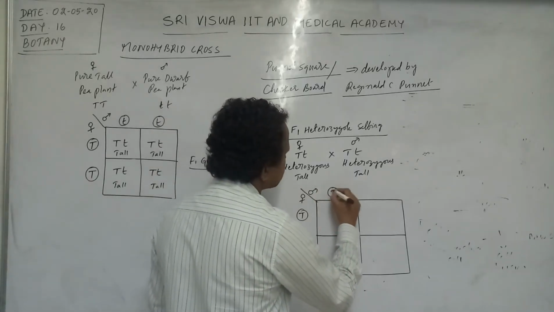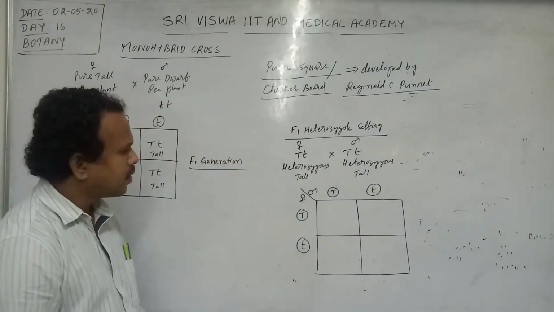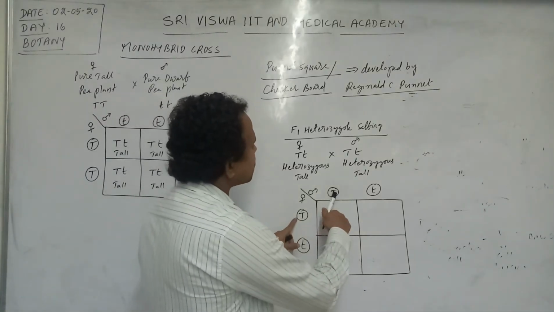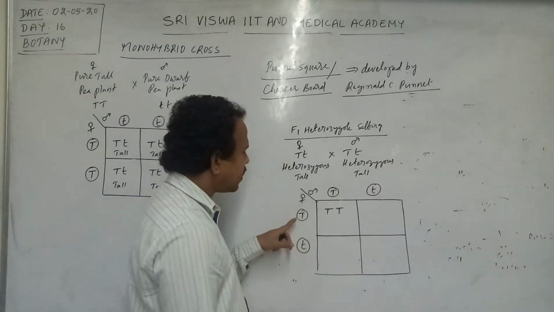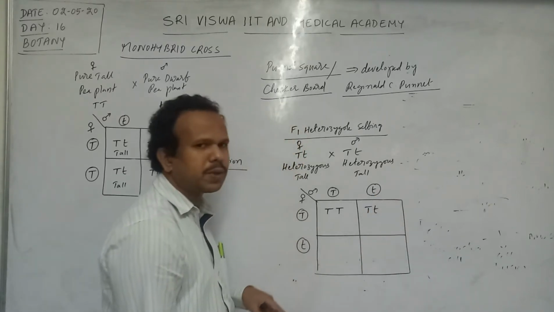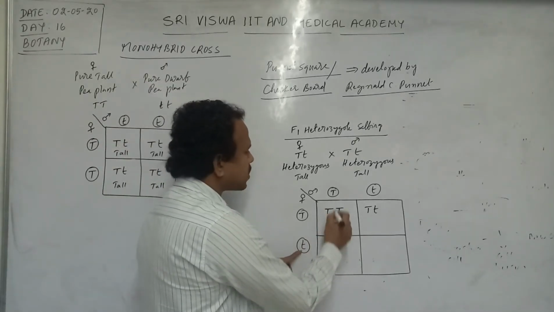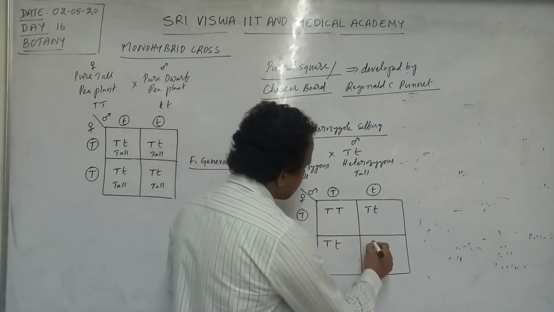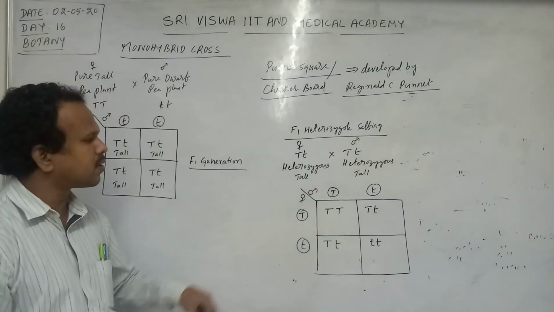This one also forms capital T male gamete and small t male gamete. Whenever capital T female gamete fuses with capital T male gamete, it results in the formation of capital T capital T. Capital T female gamete fuses with small t male gamete, it results in capital T small t. Small t female gamete fuses with capital T male gamete, it results in capital T small t. Then small t female gamete fuses with small t male gamete, it results in small t small t.